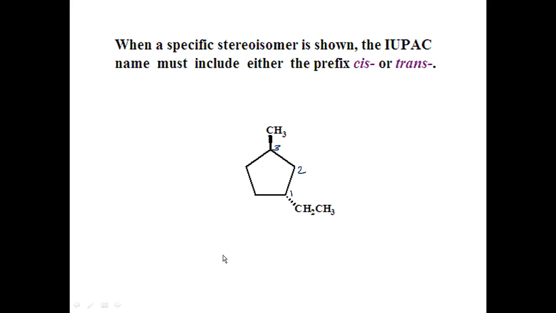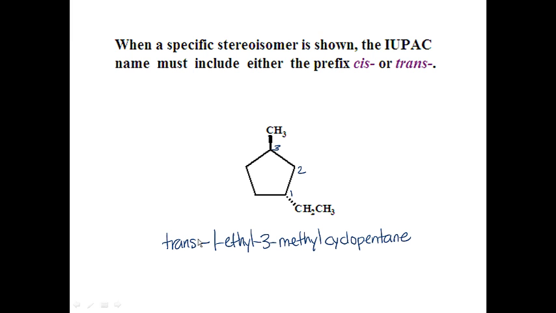So this would be a 1-ethyl, 3-methyl cyclopentane. And because I've specifically given you the trans with the bold and the dashed, we have to include that in the name. So this would be called trans 1-ethyl 3-methyl cyclopentane.